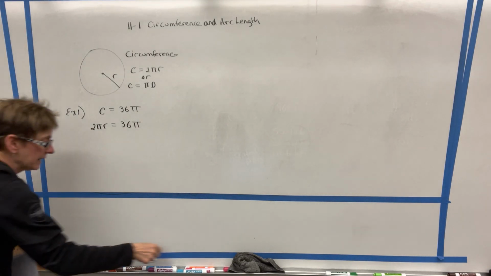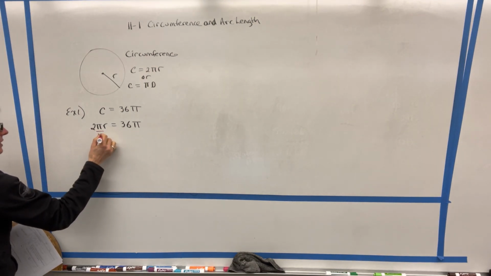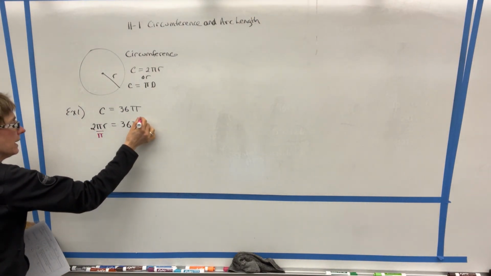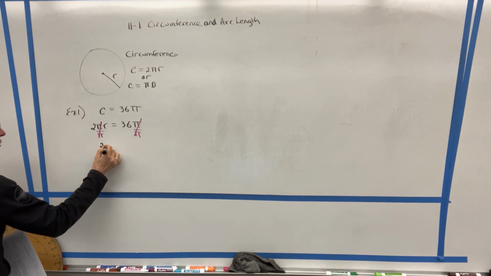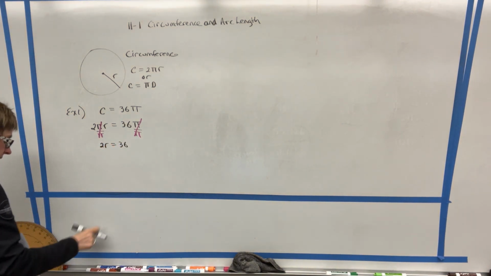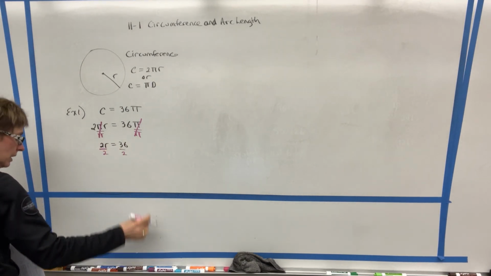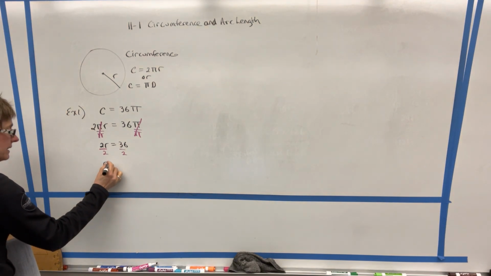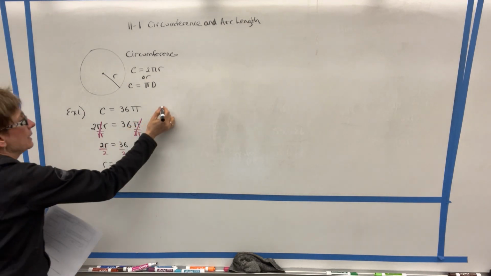Now, the nice thing is I can divide both sides of an equation if I want by pi. So I can do that here, and that will make the pi's cancel out. So now I have 2r equals 36. Then I can divide both sides by 2, and I can get that the radius is 18. So that's how we would do our problem if we wanted to find the radius of a circle with circumference of 36 pi. Let's do another example.